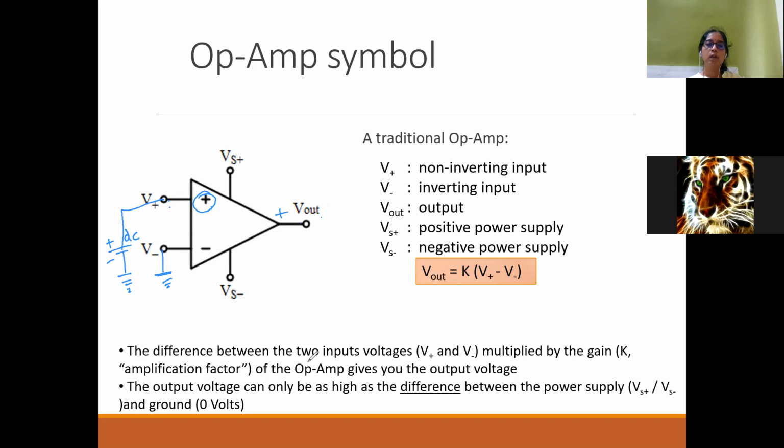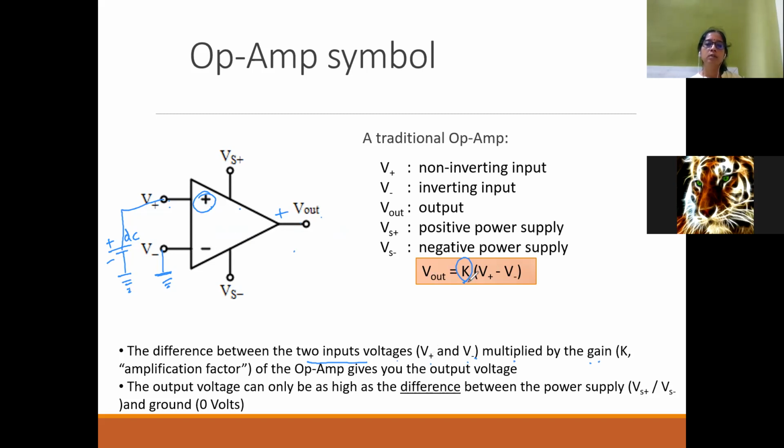Actually what happens, the difference between these two input voltages, V plus and V minus, is multiplied by the gain. Now how gain is calculated, that we are going to discuss in the application topic, right? Application of op-amp, inverting, non-inverting amplifier, and so on.